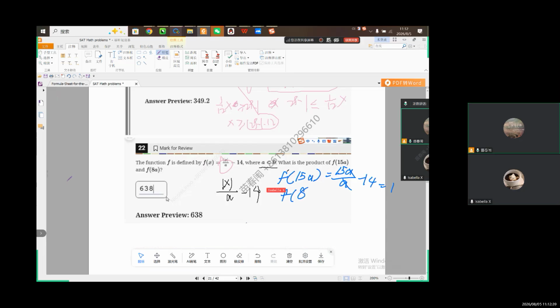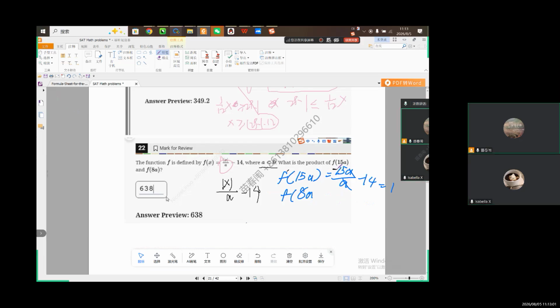When you substitute, you have to be careful. A is negative, so F's value is negative 15a? Oh, right, okay. Negative 15a, everything else is fine. Just write negative in here.